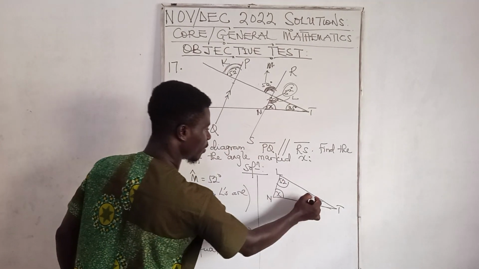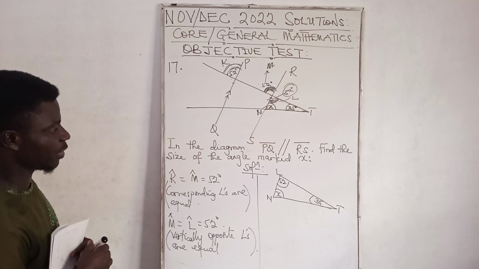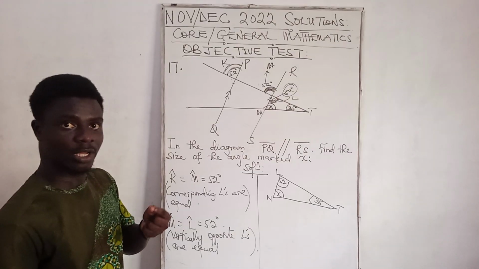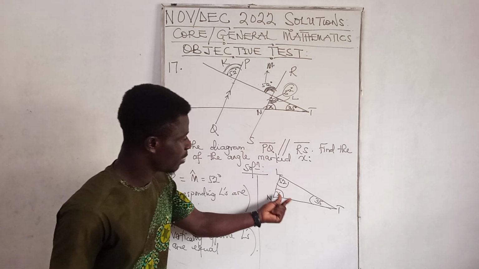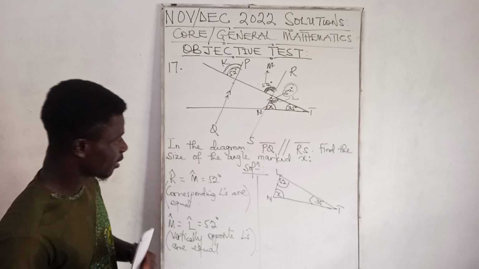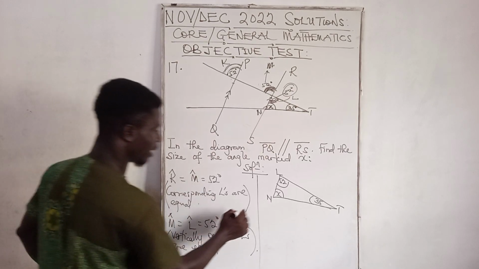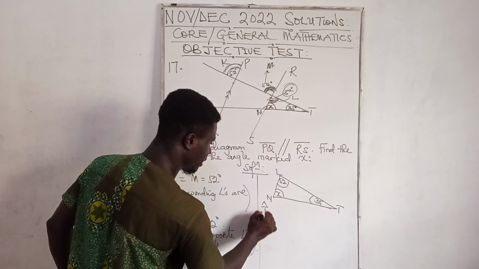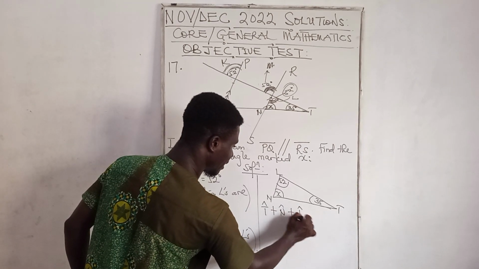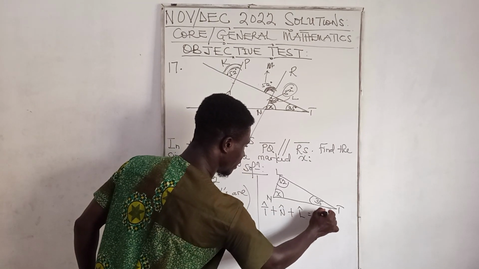So now we have a triangle. The sum of interior angles inside a triangle is 180 degrees. So I can say that angle T plus angle N plus angle L must be equal to 180 degrees.